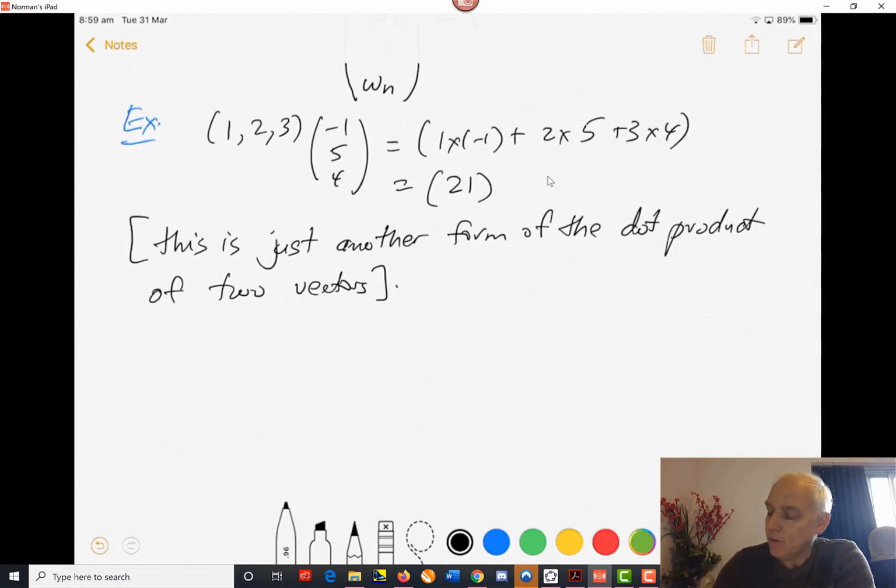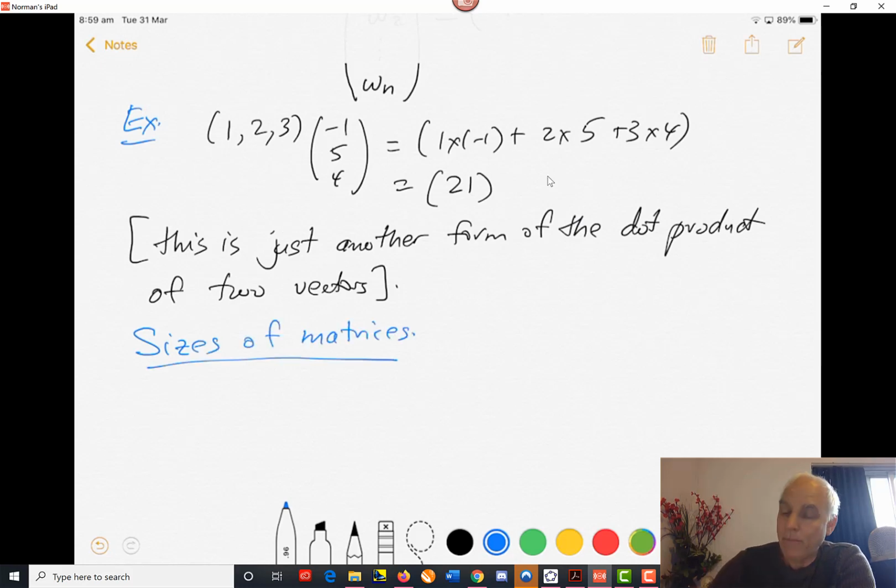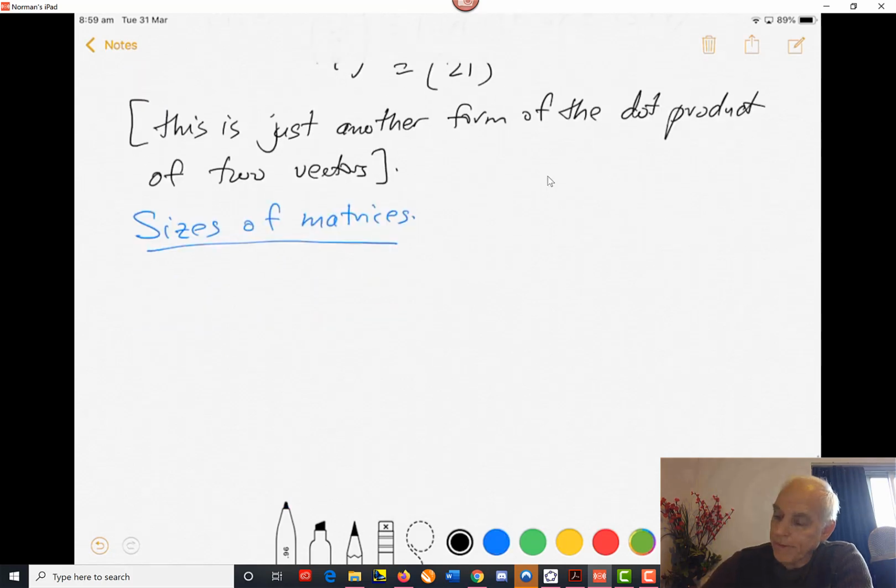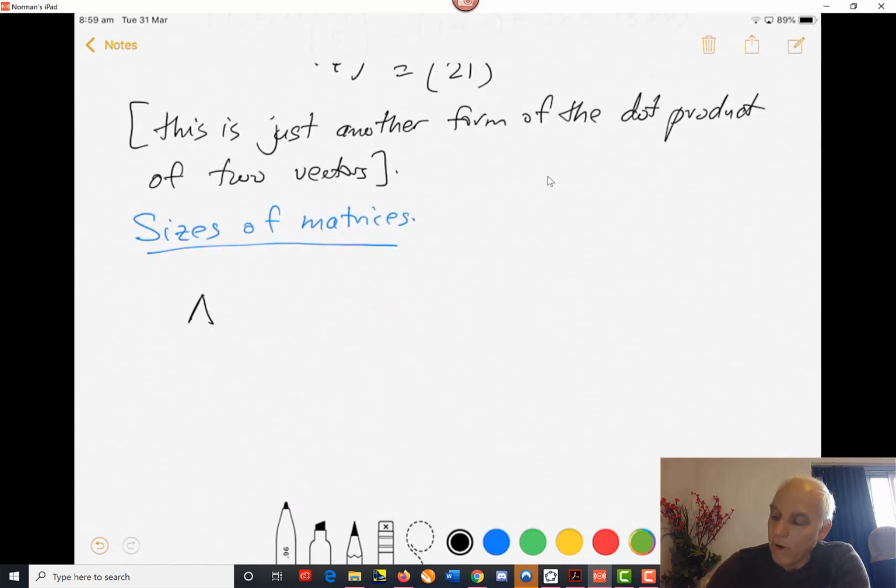Okay. So before I do that, I have to tell you about the sizes of matrices. So a general matrix, not just a small one, but a general one, we often write it in this kind of form here. So maybe the entry up at the top is A11, and then the next entry will be A12, and then A13, all the way up to maybe A1n.